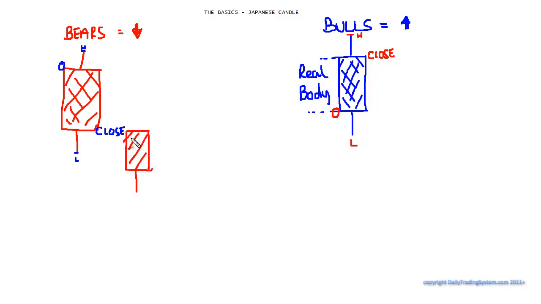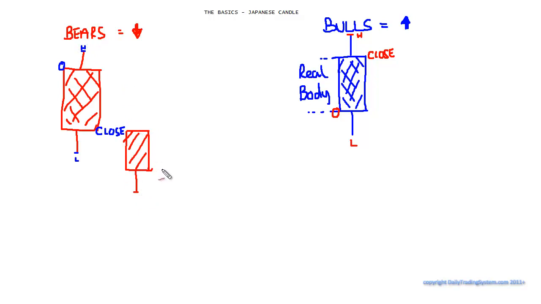This is basically to let us know that the market did not go up any higher, and the market came down all the way to this low. What that's saying is that the market here didn't have any kind of bullish sentiment whatsoever. It didn't make any new highs. Where it closed, it also opened, and it just tanked. It just went right down to the bottom here. So this is to let you know that the bears are still in control.